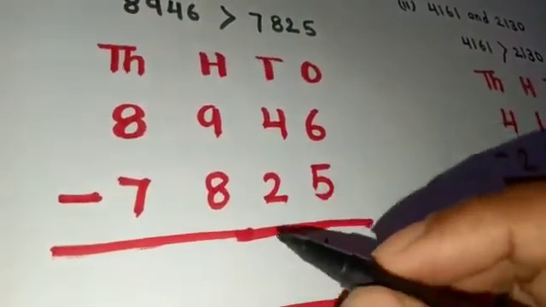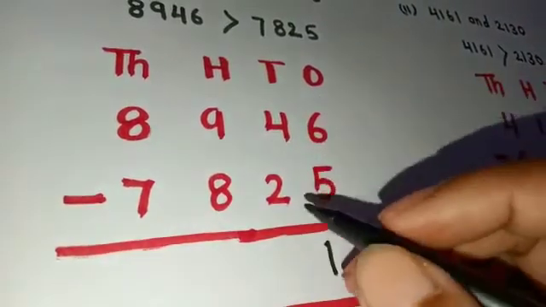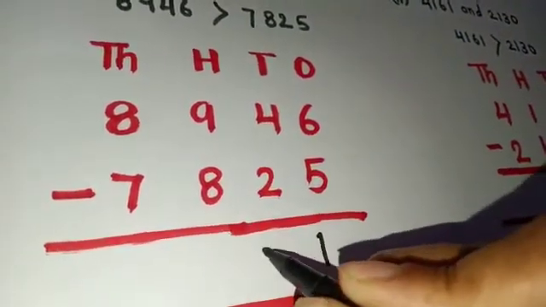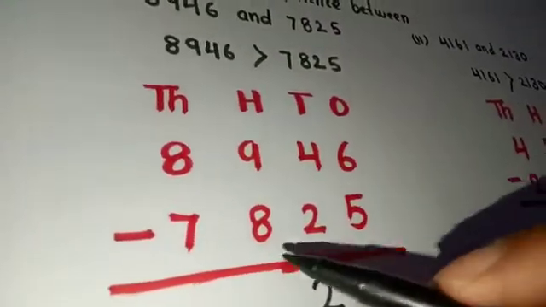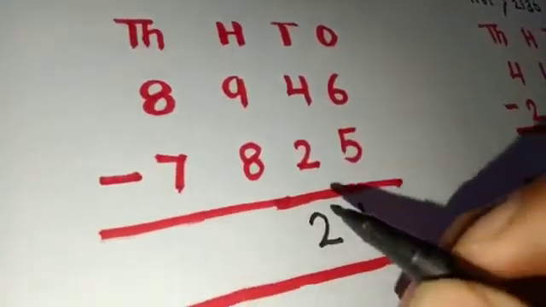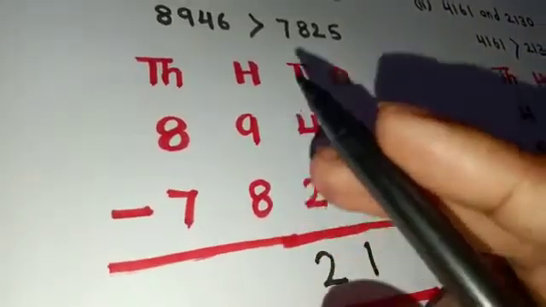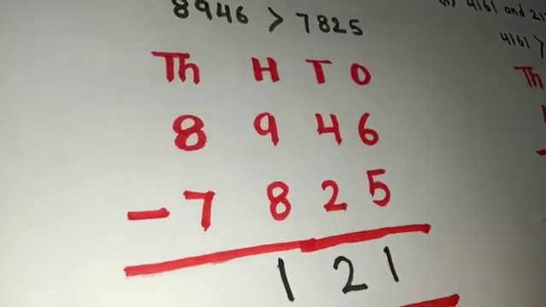When we subtract 2 tens from the 4 tens, then we will get 2. So we write here 2. Now 8 is subtracted from 9, then we will get 1. So we write 1 at the place of hundreds.